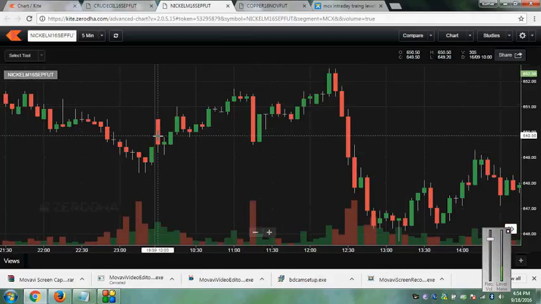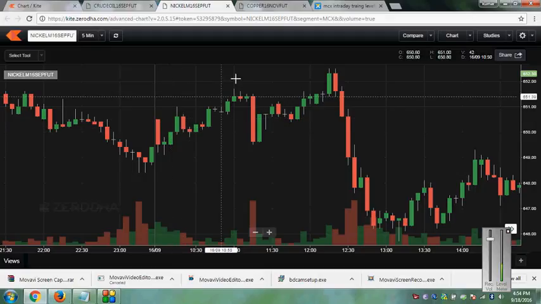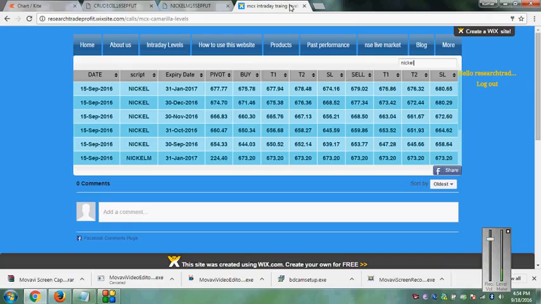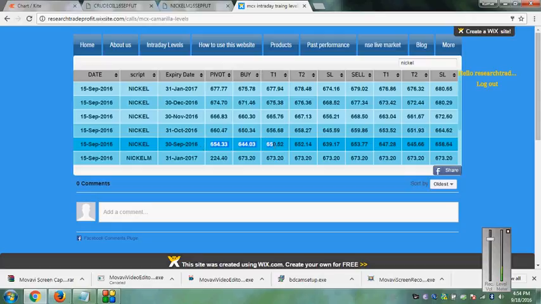This was the opening level. What is the opening level? 650.50 is the open, and the open low is very near to that, and our sell was generated at, let us close this copper, it's of no use now, we have already checked the levels, and you can check the nickel levels here.